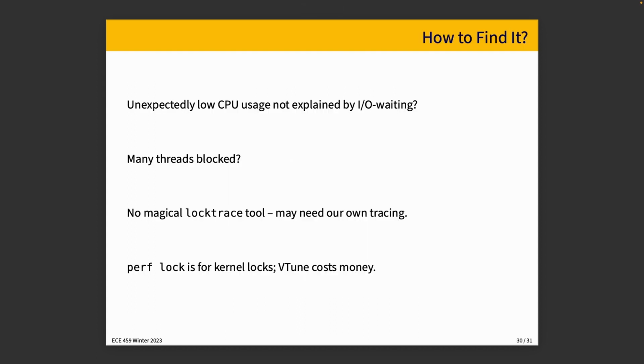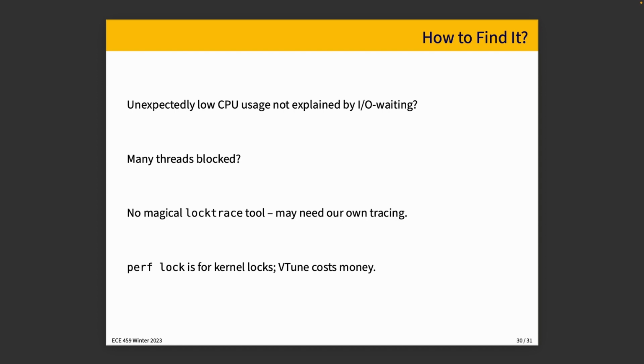So how do we find what is actually going on in terms of locking? Well, one idea is if you have unexpectedly low CPU usage and that's not explainable by I/O waiting, right? CPU usage could be low because we're waiting for incoming connections from the network, or we're waiting for data to be delivered from another service, and that could definitely be an indication that CPU usage is low without it being a lock contention problem.